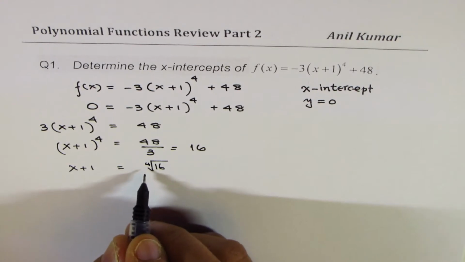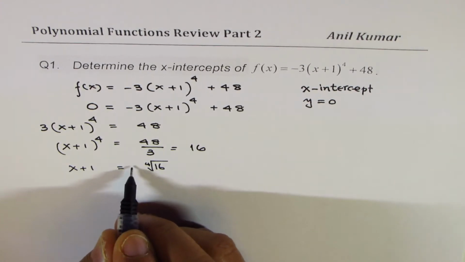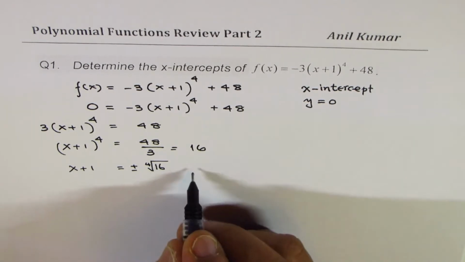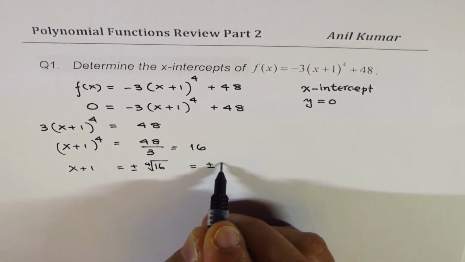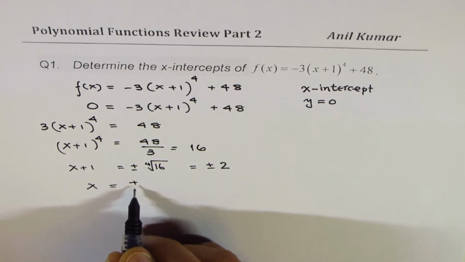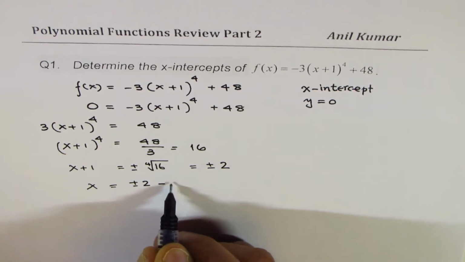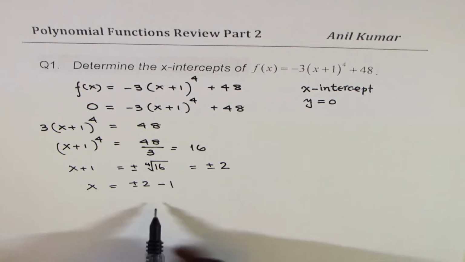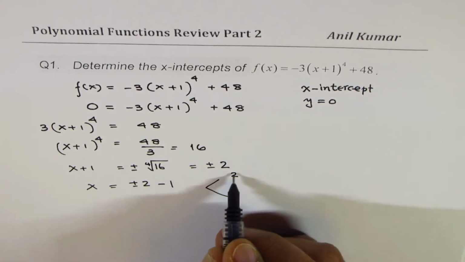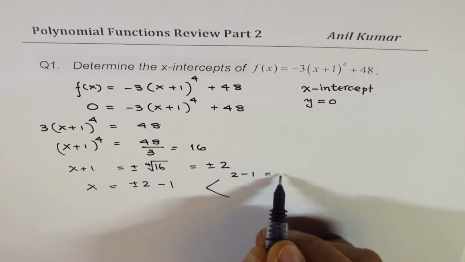Now whenever you take a square root or fourth root, you have to take both plus and minus values. So what you get here is plus and minus 2. So x equals plus minus 2 minus 1. So we get two solutions for this. One is plus 2 minus 1, which gives you 1.